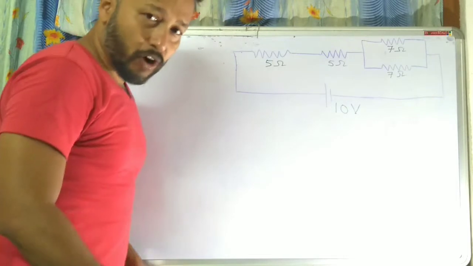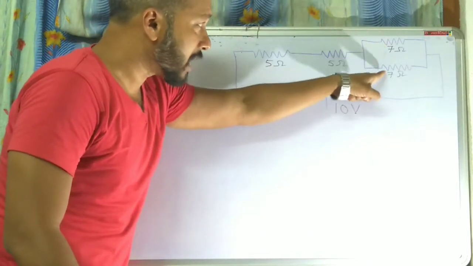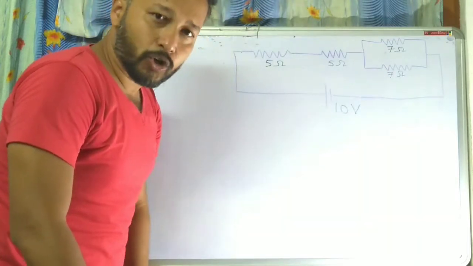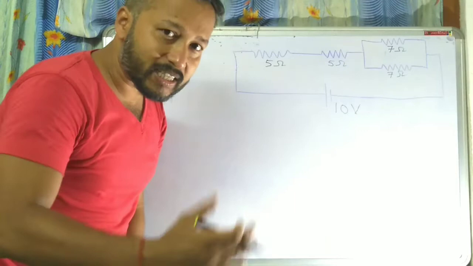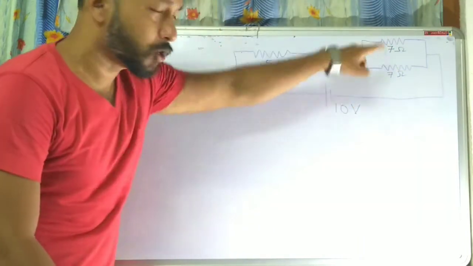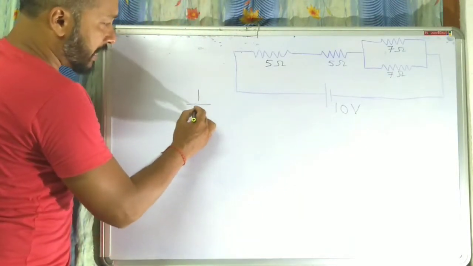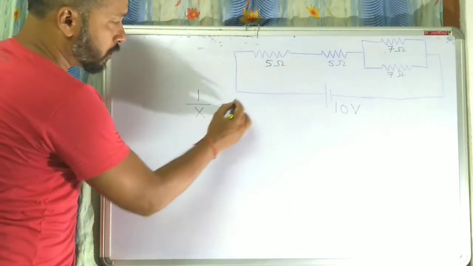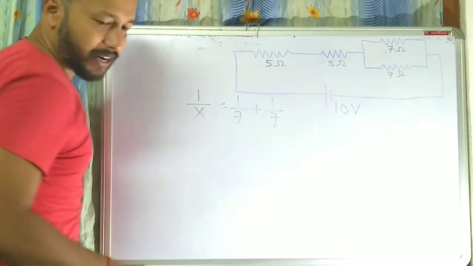First of all, these two are in series and these two are in parallel. Which are in parallel? 7 and 7. So let us see the total resistance of this parallel combination. We know the formula of parallel: 1 by x equal to 1 by 7 plus 1 by 7.